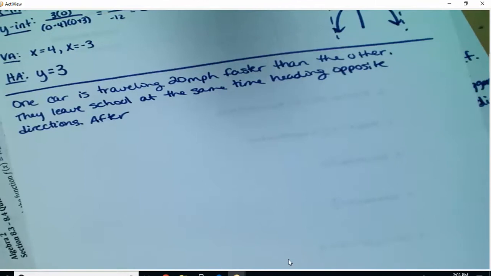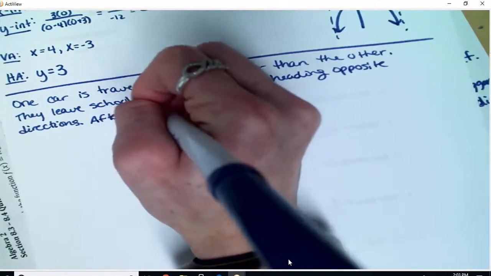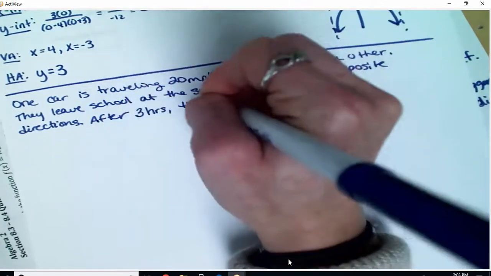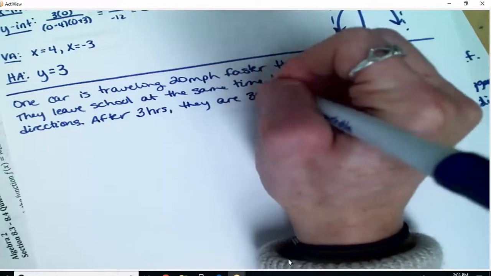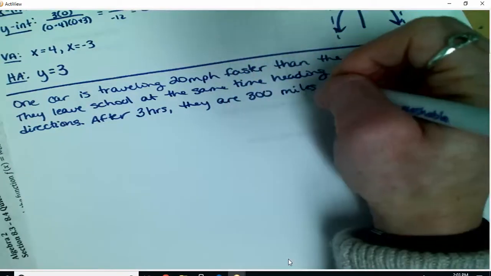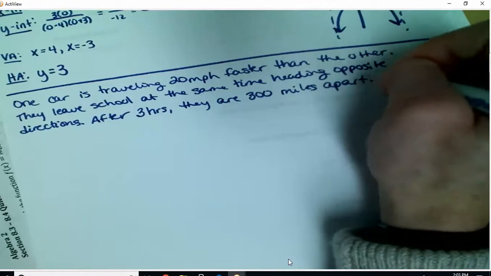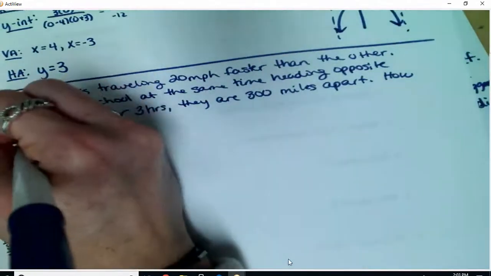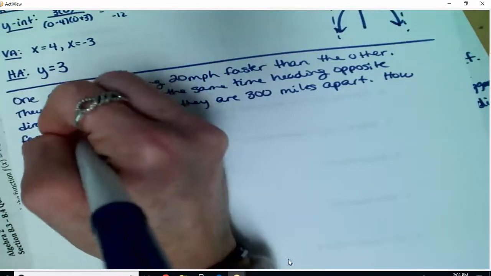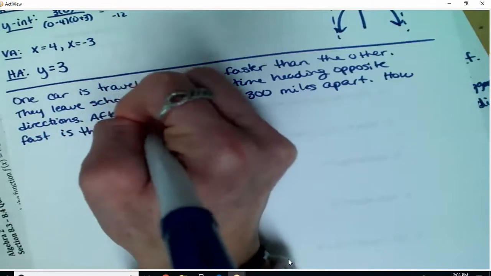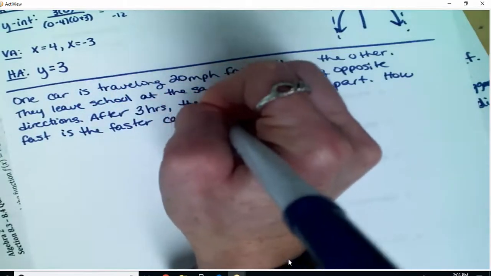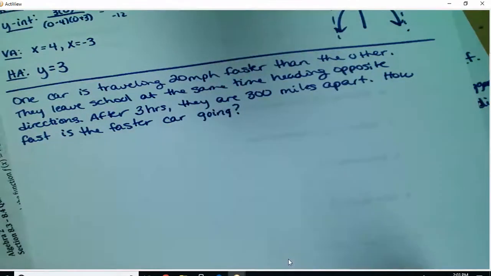Here's our problem, me just making up something off the top of my head, so we'll see how well it works out.